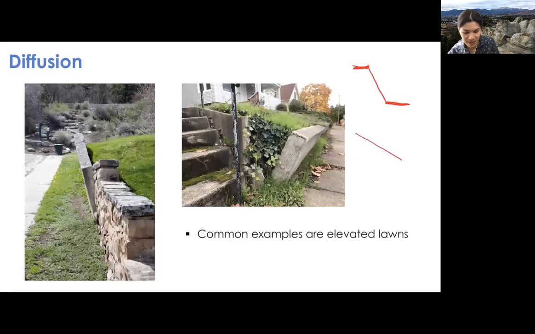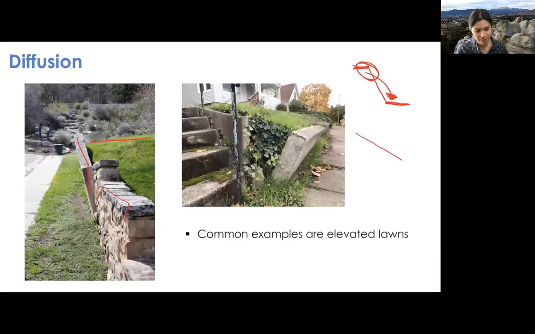What this means is we're going to tend to have material from this top part being transported down to this bottom area in order to even out the slope. A really common way we can see hill slope diffusion in action is just walking around neighborhoods and looking at retaining walls. So these are these concrete or rock walls that are holding back an elevated lawn. There's a large slope break there, right?